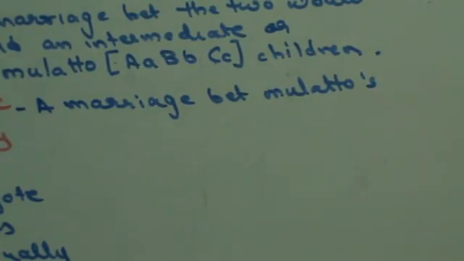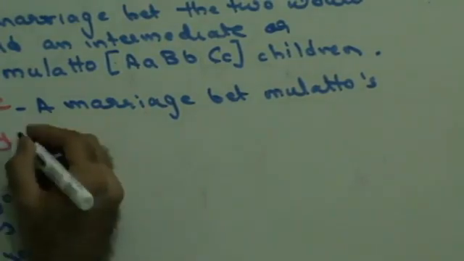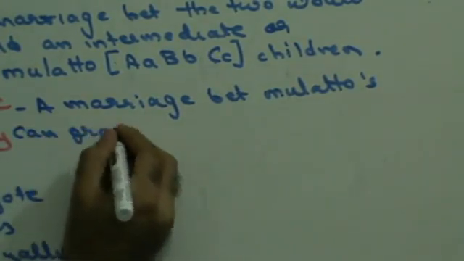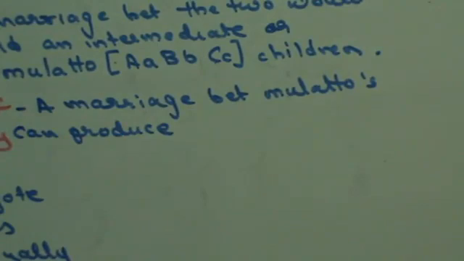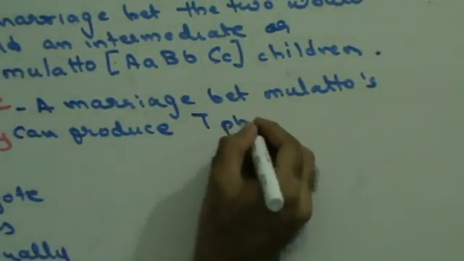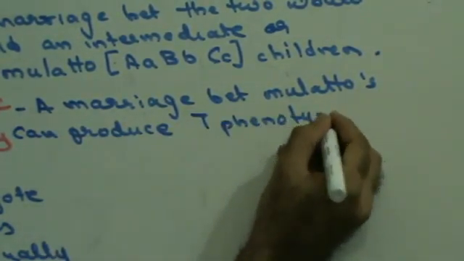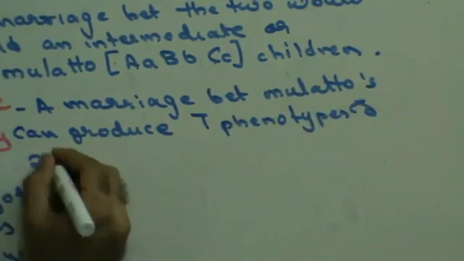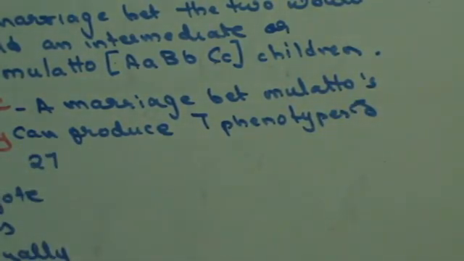So there would be 7 different shades of skin color that could be produced. It can produce 7 phenotypes and 27 genotypes.